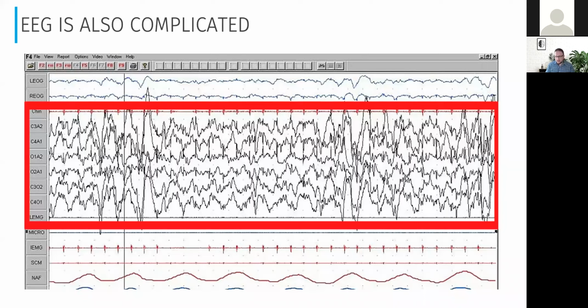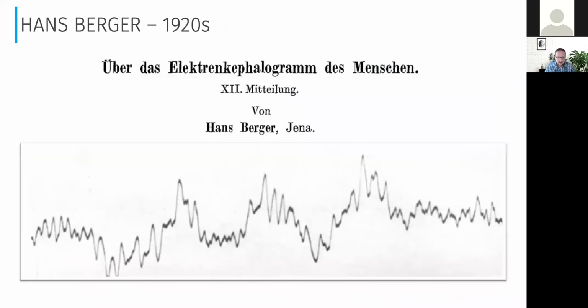Well, we can ask how people have gone about this in the past. We can go back to the first experiments from Hans Berger in the 1920s, where he was first looking at these squiggles and trying to make sense of them and how they changed as a function of things that were happening, in particular, someone closing their eyes or going to sleep.